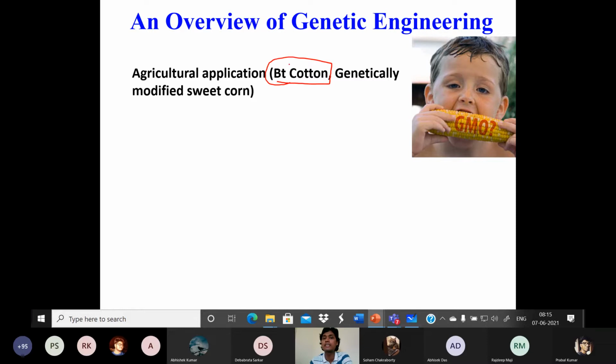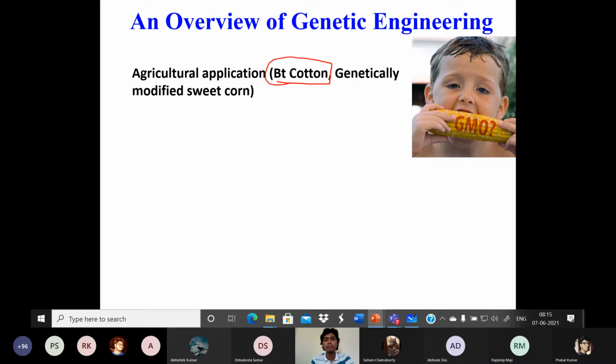When BT cotton was made, it was with good intention, but there is a lot of controversy. I'm not going to discuss that part, but I would like to discuss the scientific part, how genetic engineering actually helps in agricultural application.